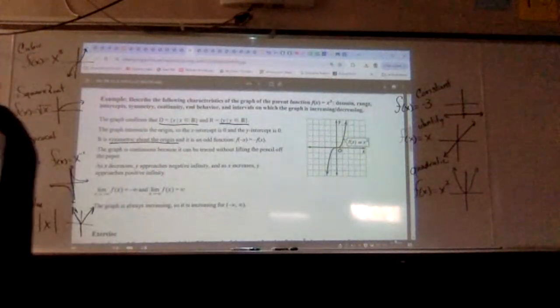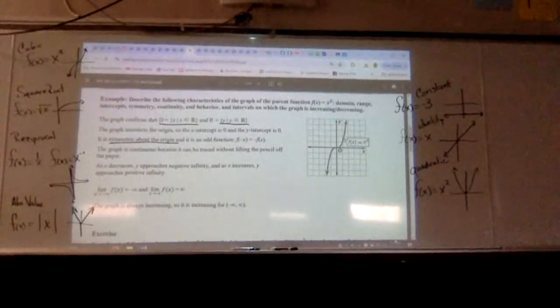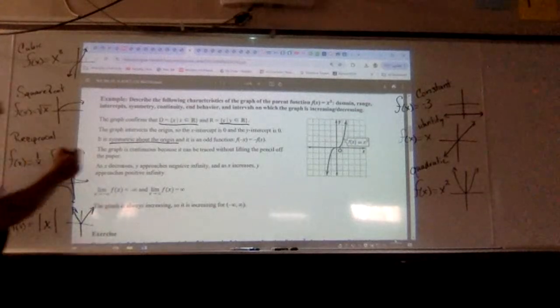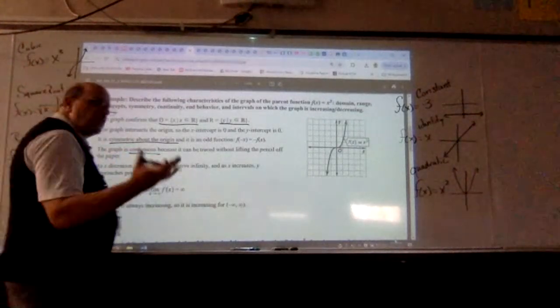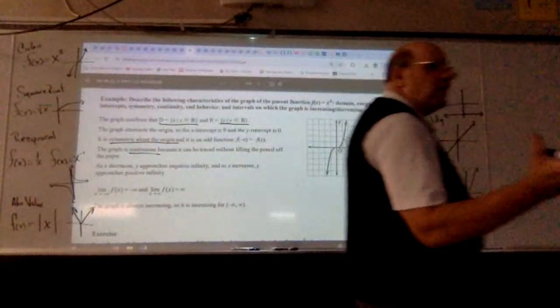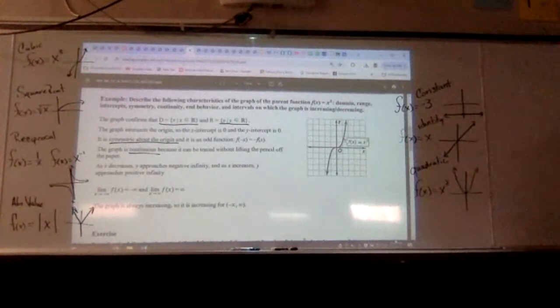All right, is this a continuous graph? Are there any jumps? Any discontinuities at all? No, it's continuous, right? Great. Look at all this stuff you've already learned that you don't even know you've learned. So continuous means it just keeps going on and on.